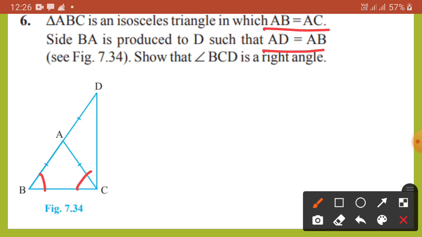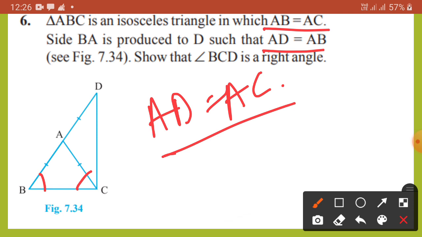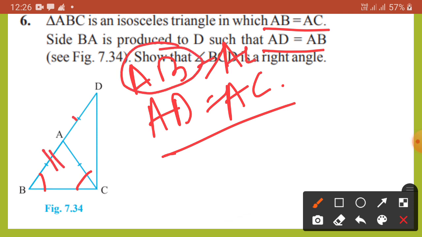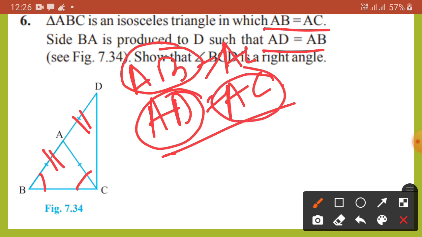Because AB is equal to AC and AB is equal to AD here, you can write AD equal to AC here.